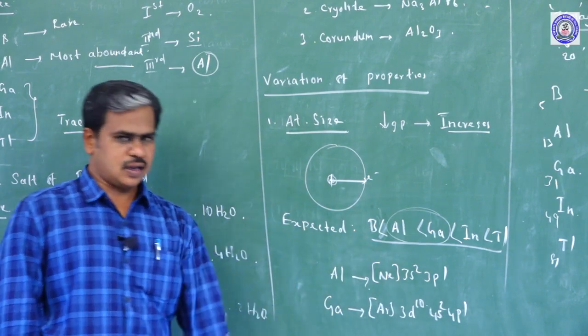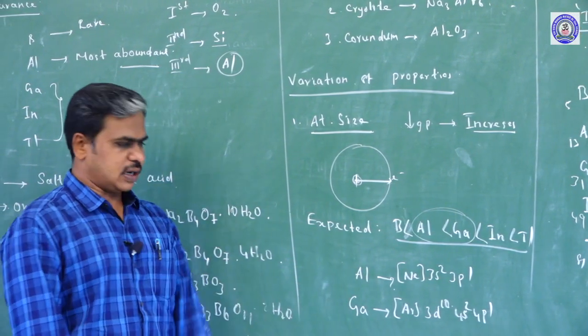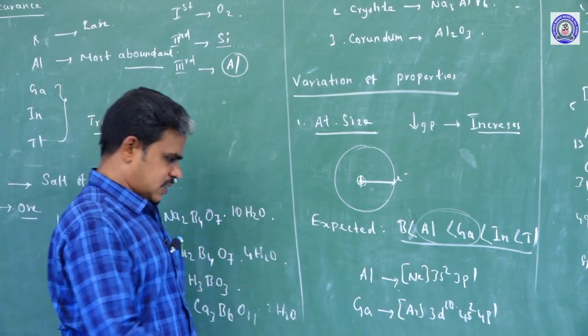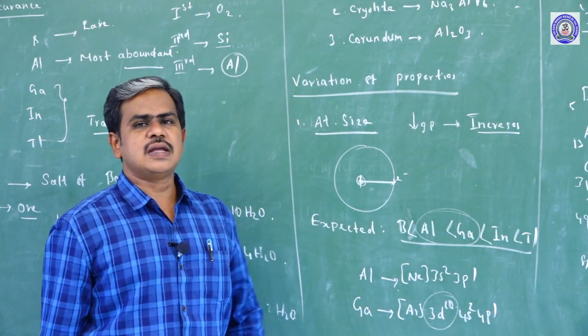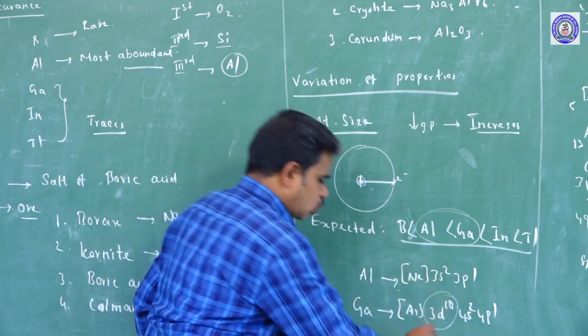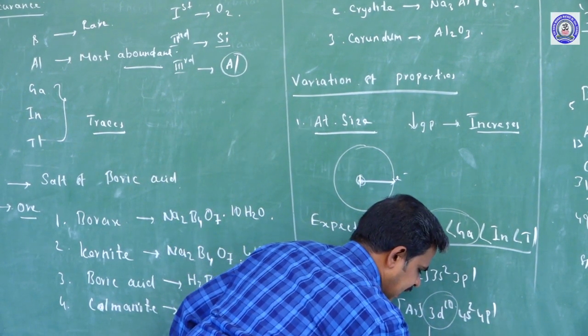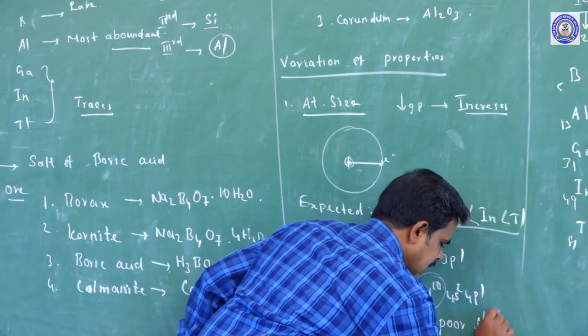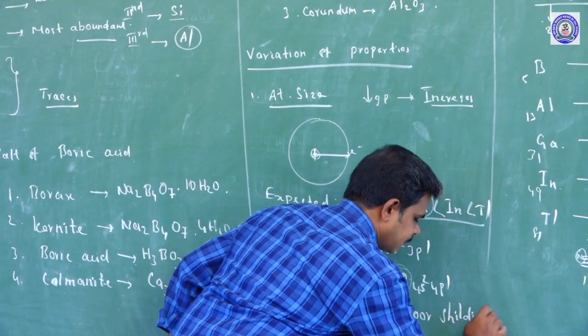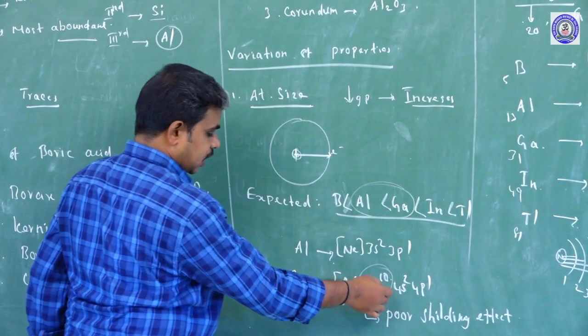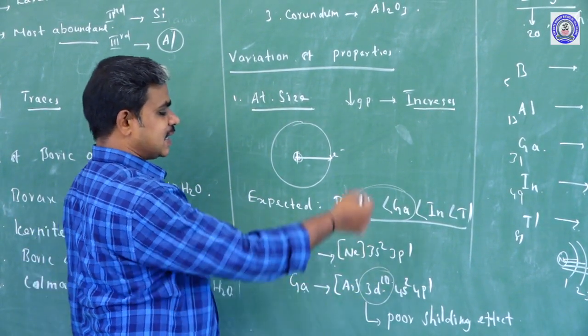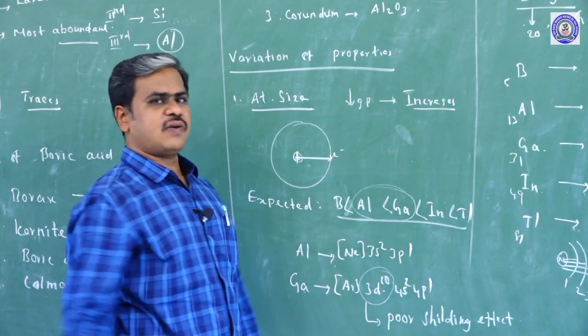This is the electronic configuration of aluminum and gallium. Then what will happen here? It is the d orbital. Due to the poor shielding effect of the d orbital, gallium has a smaller size than aluminum.